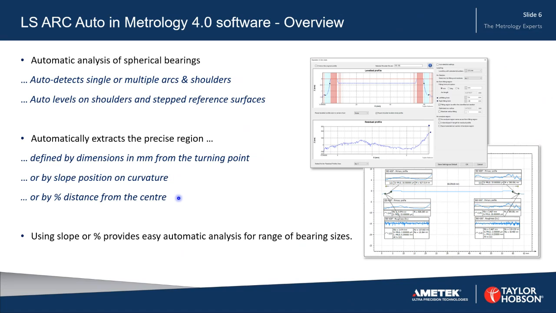Or it can do it as a percentage distance from the center. In these last 2 cases, using slope or percentage provides easy automatic analysis for a range of bearing sizes without the need to type in different dimensions each time. This can save a lot of time.